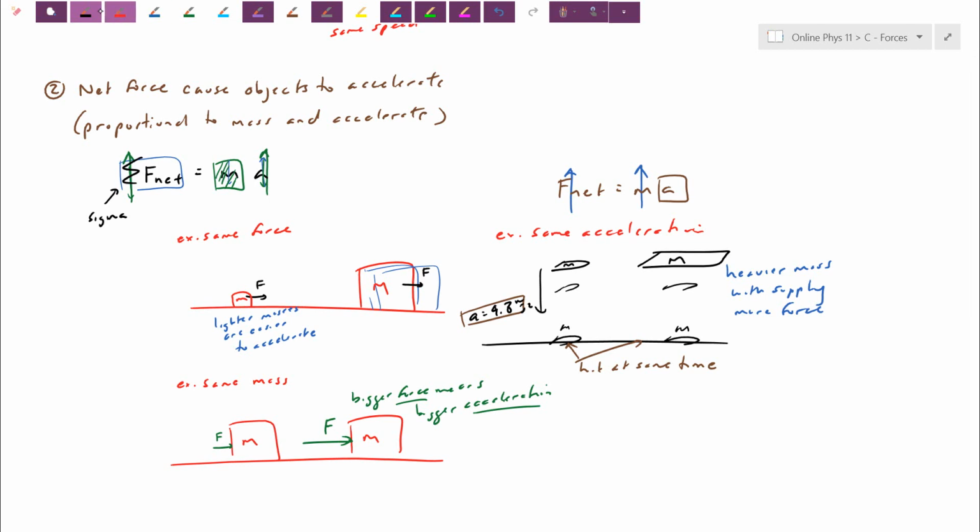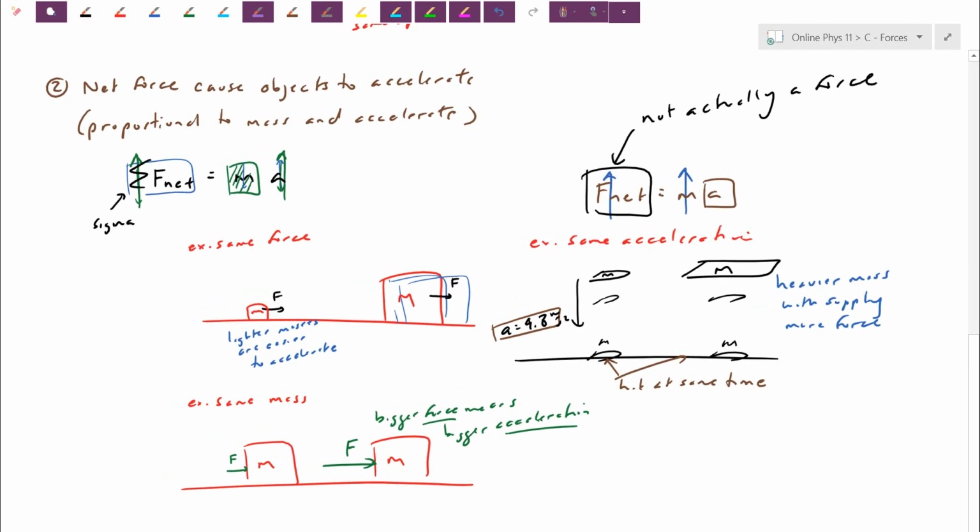One thing I just want to qualify in this statement: net force by itself is not actually a force. Now you're going to say to me, well, why did I bother learning this if this is not a force? When I say it's not actually a force, I'm not saying it's not a net force that does m times a.